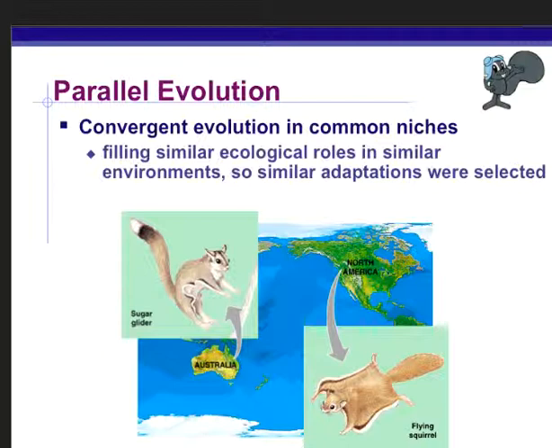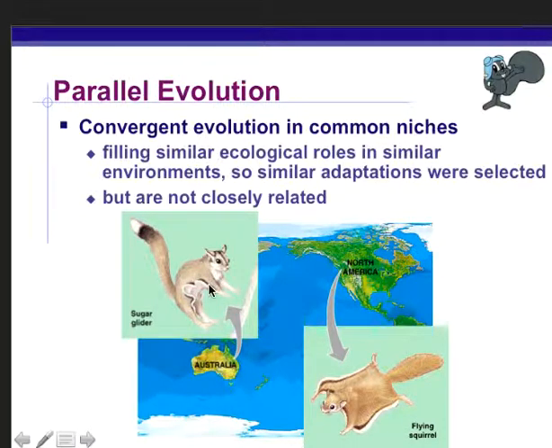The sugar glider is actually only a few inches big, not very big at all. The flying squirrel is bigger, but both of them have these flaps that allow them to jump from tree to tree really easily. They're not closely related at all. A sugar glider is more closely related to a kangaroo and other marsupials than it is to any other mammal.